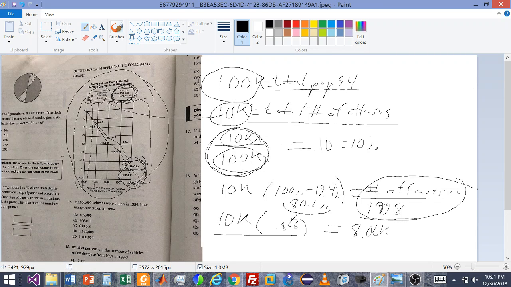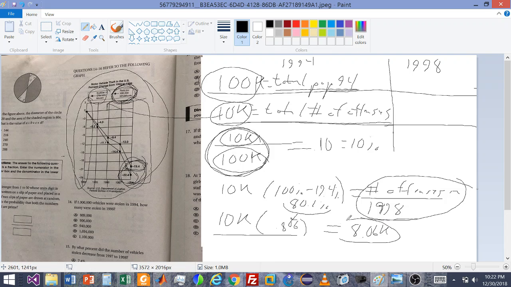So now we know our total population in 1994, the 10,000 total number of offenses in 1994. Okay, so this is all 1994. Now we also know, for 1998, based on these fake numbers, the total number of offenses for the whole population.